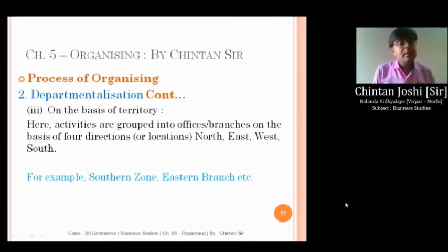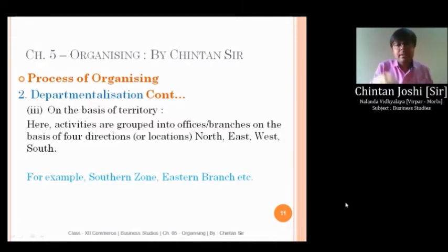Next one is on the basis of territory. Here activities are grouped into offices or branches on the basis of different directions or locations. Say for example north, east, west, south, etc. We are habituated to say western zone, northern zone, east zone, south zone, central zone.